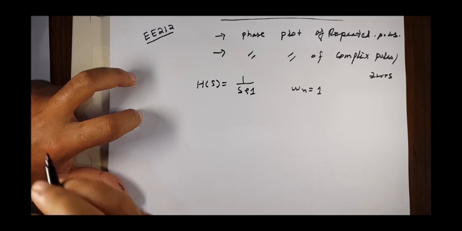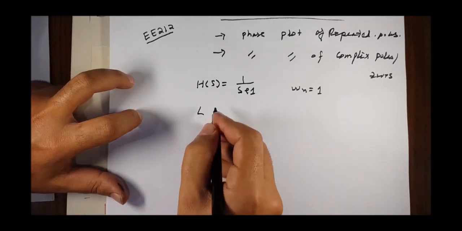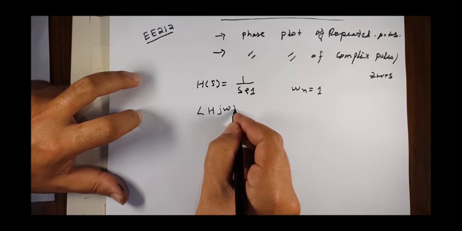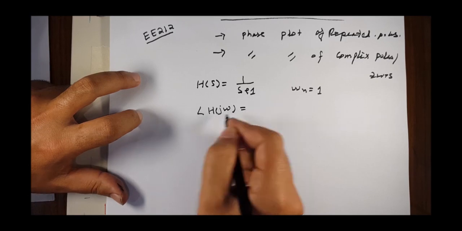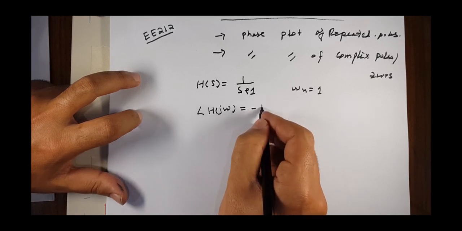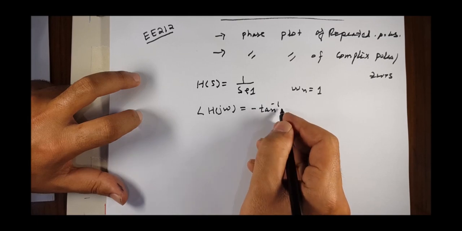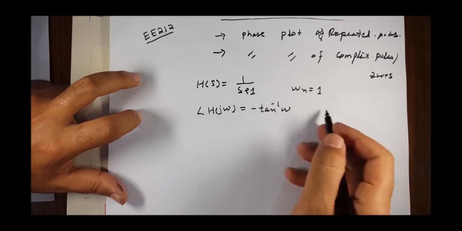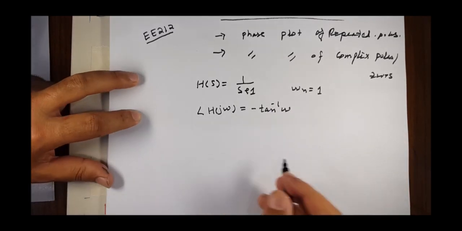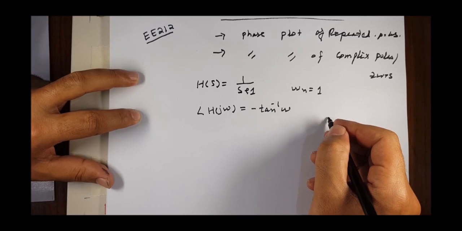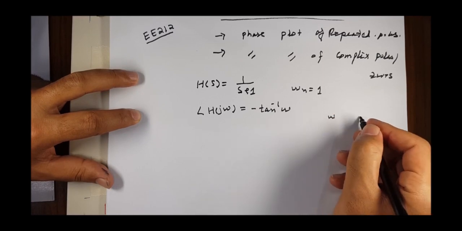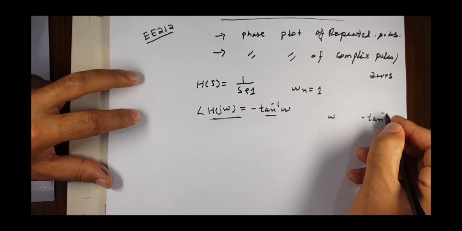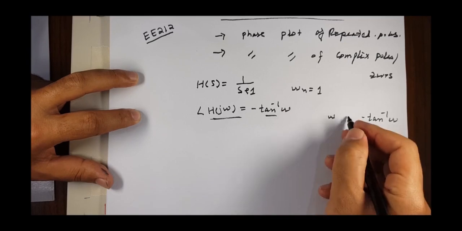And we draw the phase of H(s). We write H(s) as H(j omega), and then we said that its angle will be minus tan inverse of omega by omega n, but omega n is 1, so it is omega. Then we drew a table of omega versus phase of H(j omega), which is minus tan inverse omega.